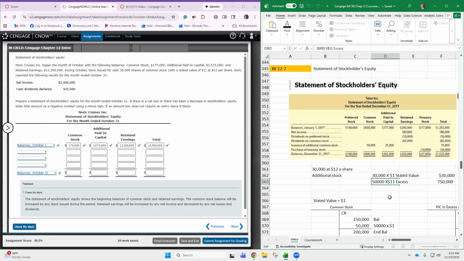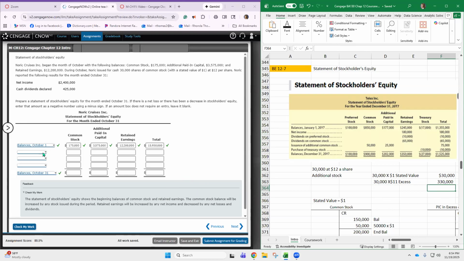We sold them for 12, $1 of it is the stated value, and the other 11 is the excess. So we've got 30,000 shares with an excess of $11 each. 30,000 times 11, not 111. There we go, that's more like it.